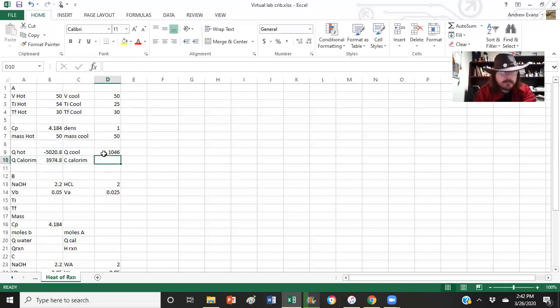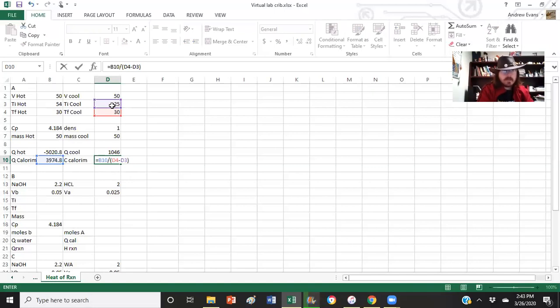Now, if that was the case, to calculate the heat capacity of the calorimeter, since the calorimeter's mass should not have changed, we would be taking this value and dividing by the change in temperature of the cool water. Because the water absorbed 5 degrees in this hypothetical scenario, and the calorimeter absorbed 5 degrees.